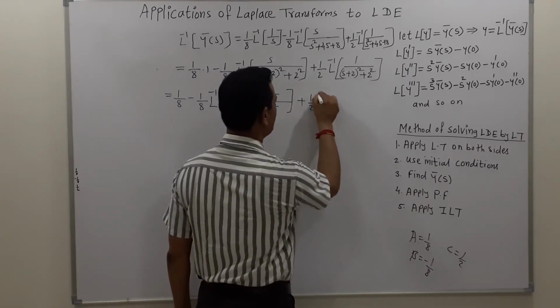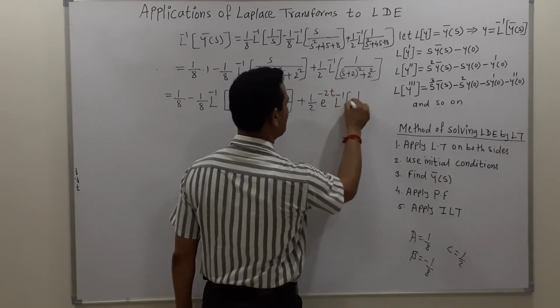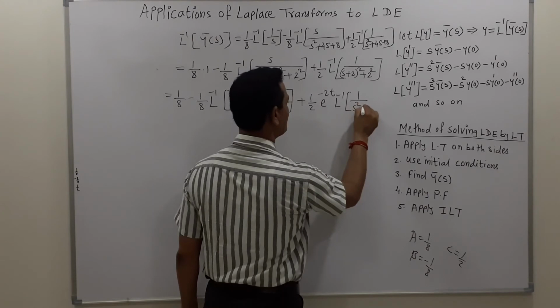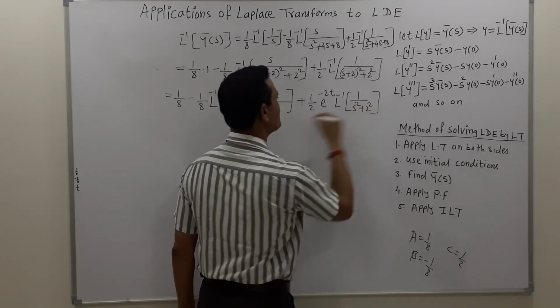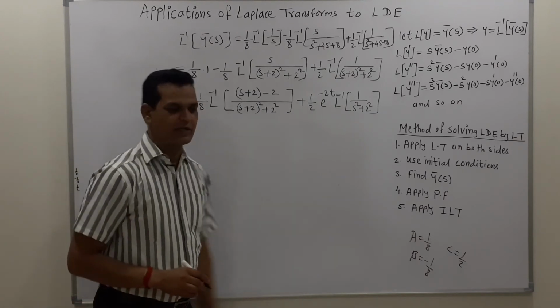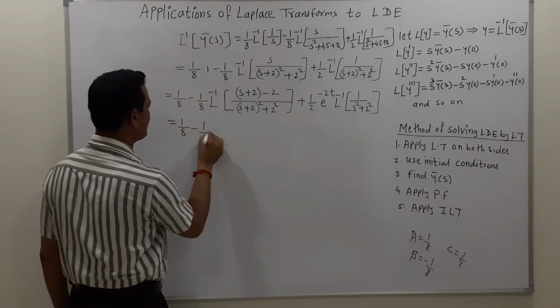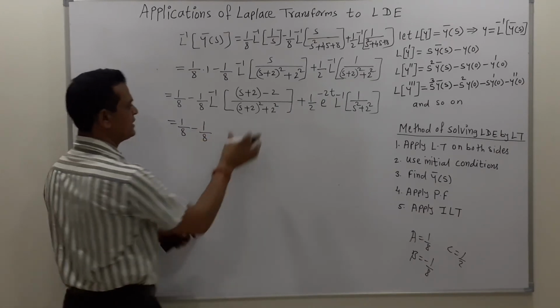We write this as e raised to minus 2t into inverse Laplace transformation of 1 upon s square plus 2 square. So straightforward, second shifting theorem for the inverse Laplace transformation. Moreover, we can write this as 1 upon 8 minus 1 upon 8. So these are the two terms.